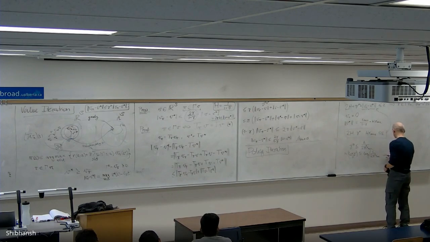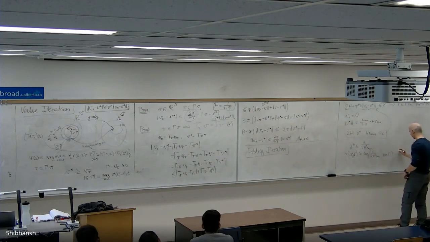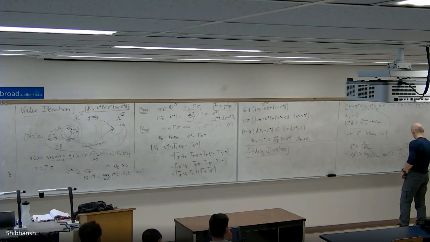So this is equivalent to that n is greater than or equal to log 2h squared R max over epsilon divided by log 1 over gamma.